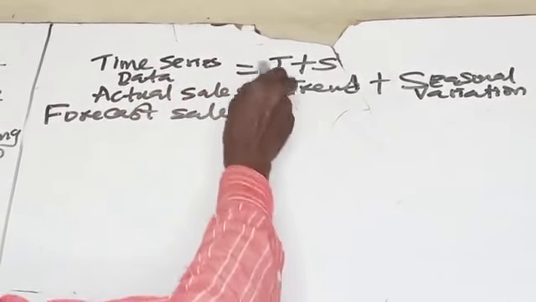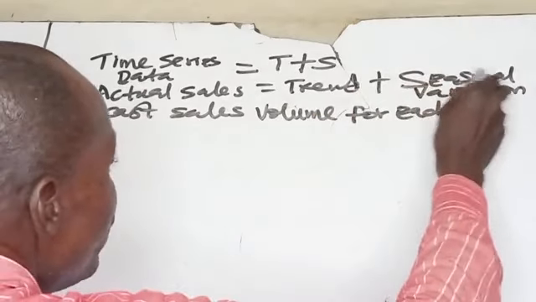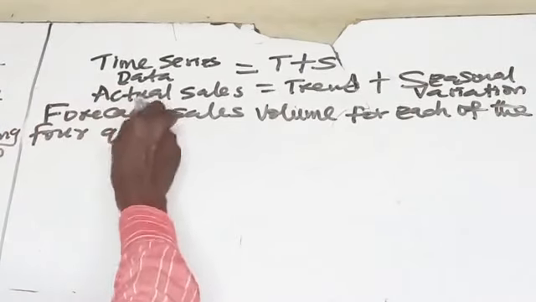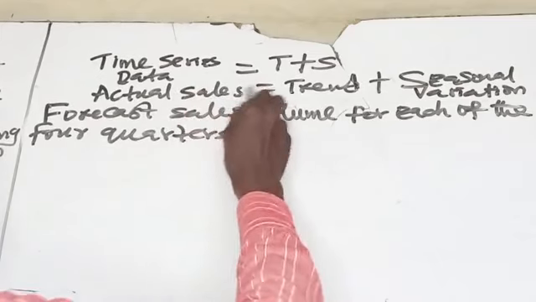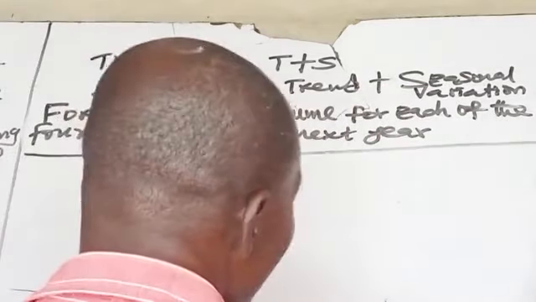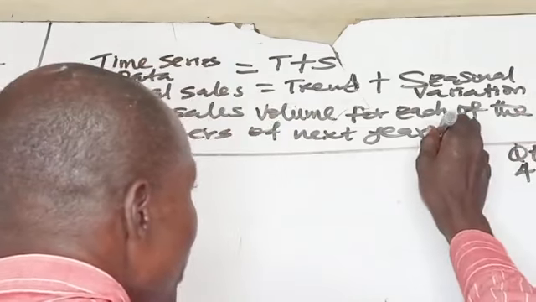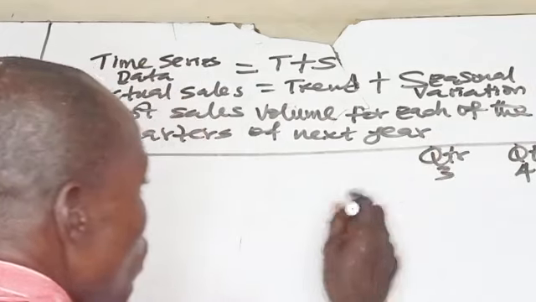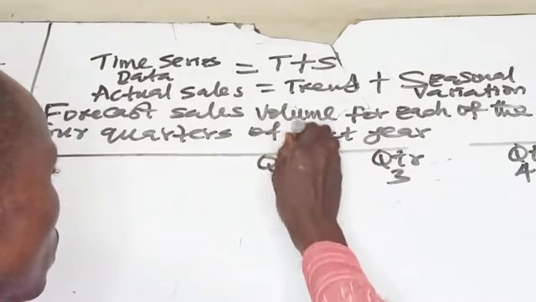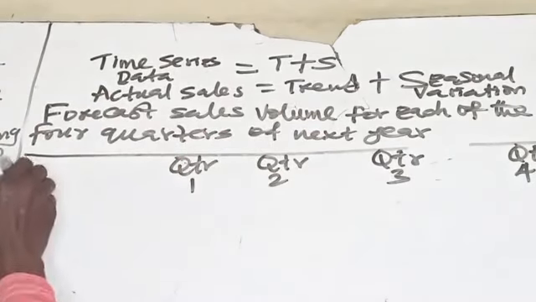Now, let's have forecast sales volume for each of the 4 quarters of next year. We have quarter 1, quarter 2, quarter 3, quarter 4. You have trend.